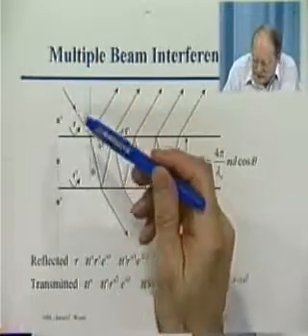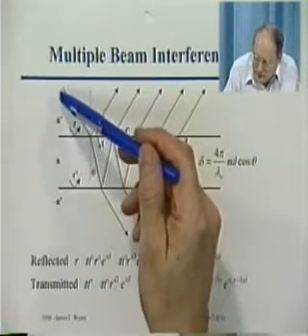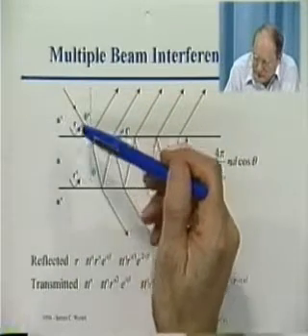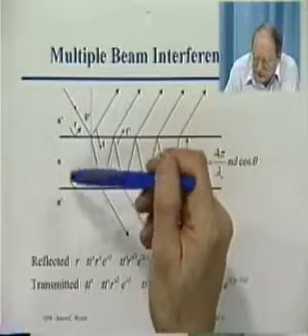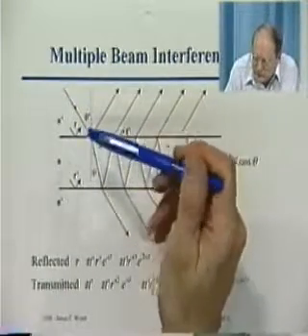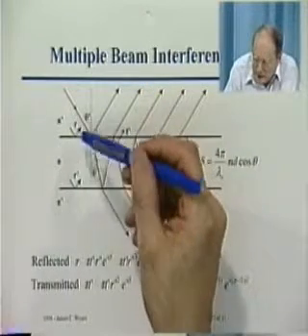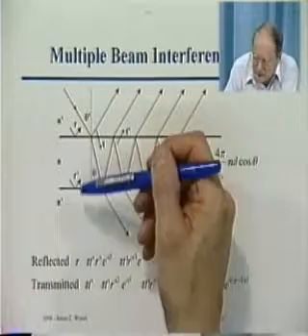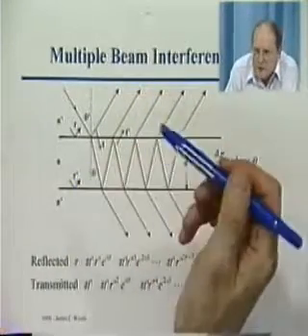Now, for our problem here, we're going to say that the light reflected from outside to inside here is little r. And little r may have some phase associated with it as well as an amplitude. But that's the reflection, little r. And if we reflect from inside to outside, the reflection is r prime.